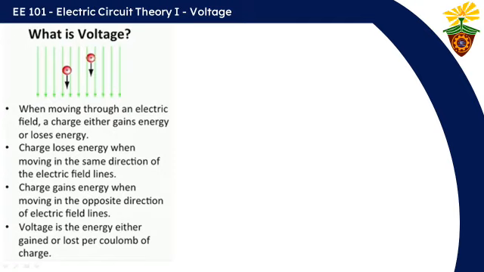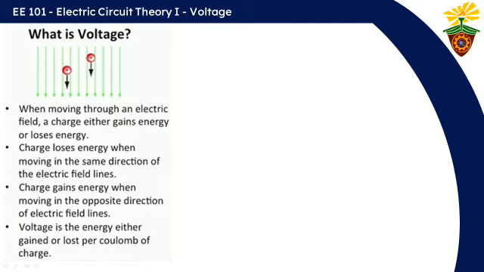Now, what is voltage? When moving through an electric field, a charge either gains energy or loses energy. Charges lose energy when they're moving in the same direction as the electric field lines.